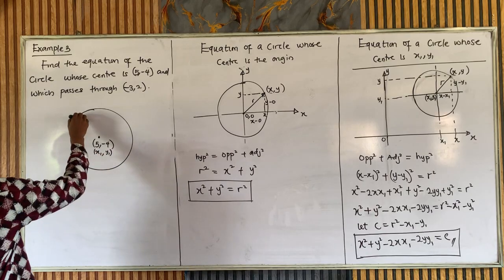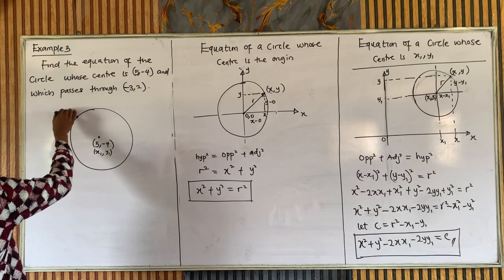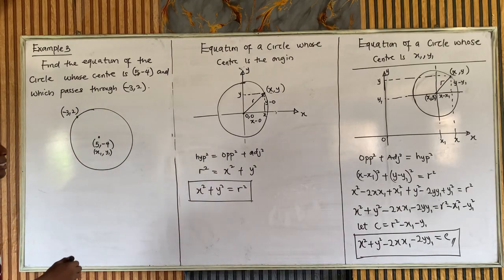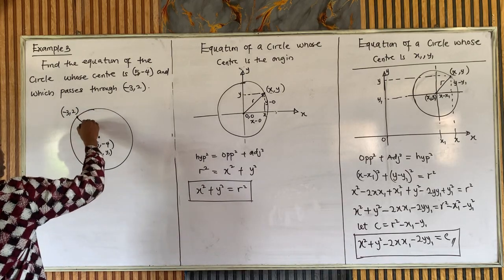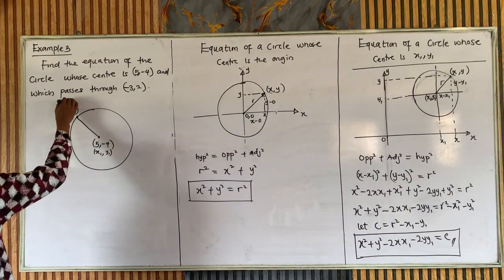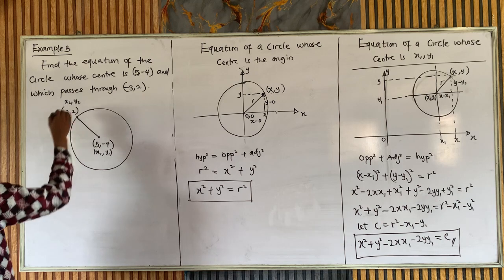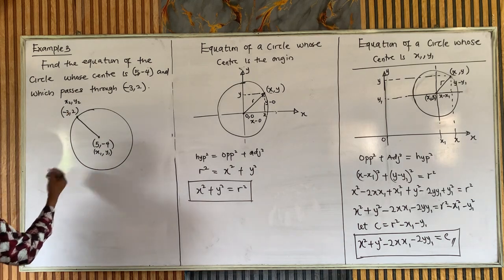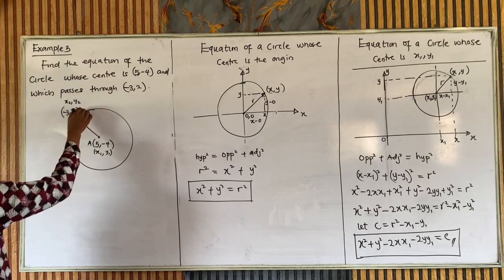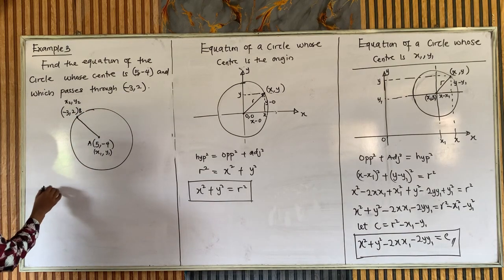Now it passes through that point, and that point is minus 3, 2. Why do we need this? I need to get the distance between these 2 points. So I'm using distance between 2 points. I can call this my x2, y2. Let's say this point is point A and this is point B. Distance AB is actually our radius.